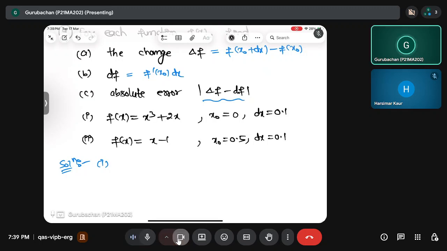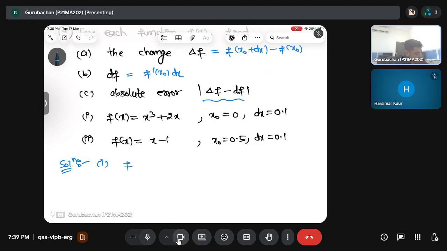So next we have to discuss the L'Hopital rule. So let us do it quickly. So what is f at x naught? It is f at 0, which is 0 cube plus 2 into 0, which will be 0.